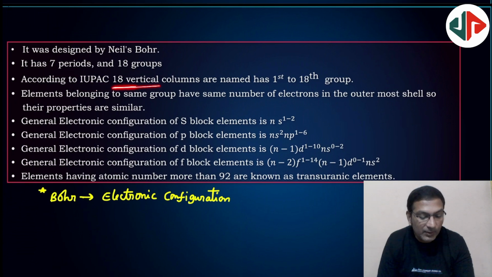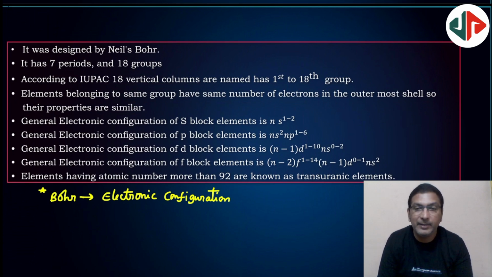18 vertical columns. That means simply vertical columns are nothing but groups. 18 vertical columns are named as 1 to 18 numbers. So in IUPAC system, group numbers are 1 to 18 in a line. Next, this point is very important. Elements belonging to the same group have same number of valence electrons and their properties will be similar.